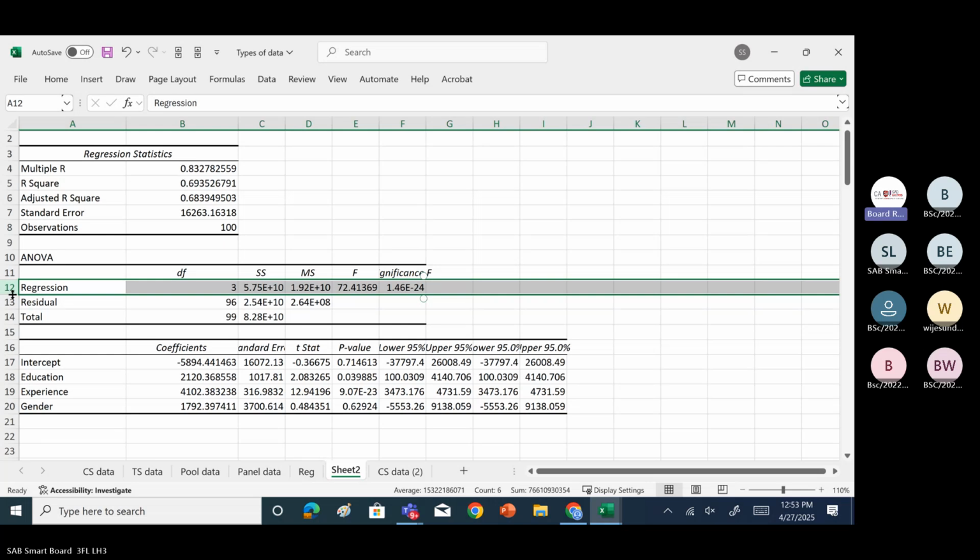So this is how we can develop our actual model based on the derived data. What is the model that we have already developed? As I remember, salary equals alpha or beta 0 plus beta 1 into E plus beta 2 into EX plus beta 3 into gender plus error term.